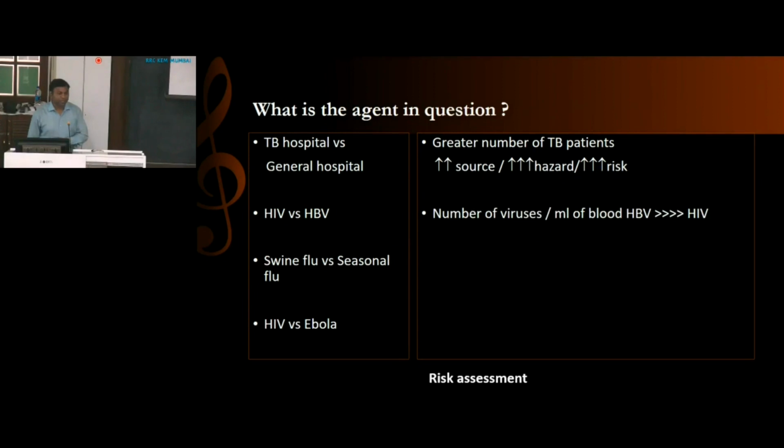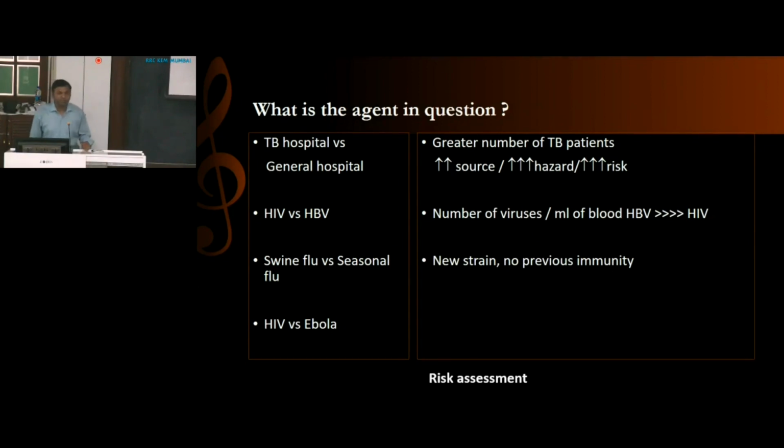HIV versus HBV, hepatitis B virus. That day I told you, hepatitis B virus is much more transmissible than HIV. There is a 30% chance of getting HBV after a percutaneous injury, that is a needle stick injury, as opposed to 0.3% chance with HIV. Swine flu versus seasonal flu.